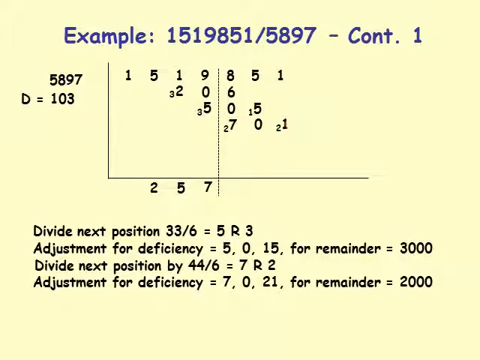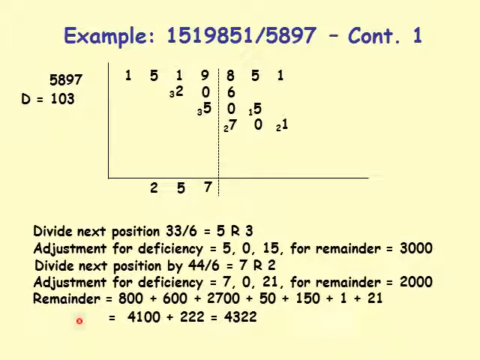2000 plus 7021. Okay, now we are done dividing because we are in the column on the right, which is the remainder section, and we do not divide in the remainder section again. We divided first by 1000, and this was my remainder section. So the remainder is 800 plus 600 plus 2700 plus 50 plus 150 plus 1 plus 21. 800 plus 600 is 1400, plus 2700 is 4100.